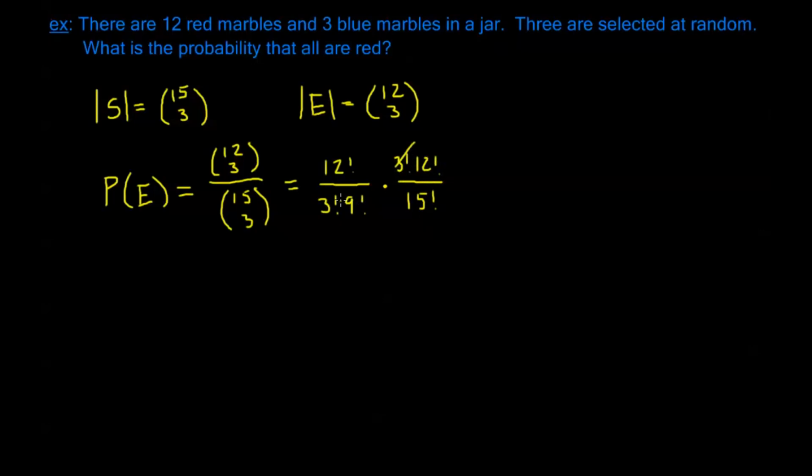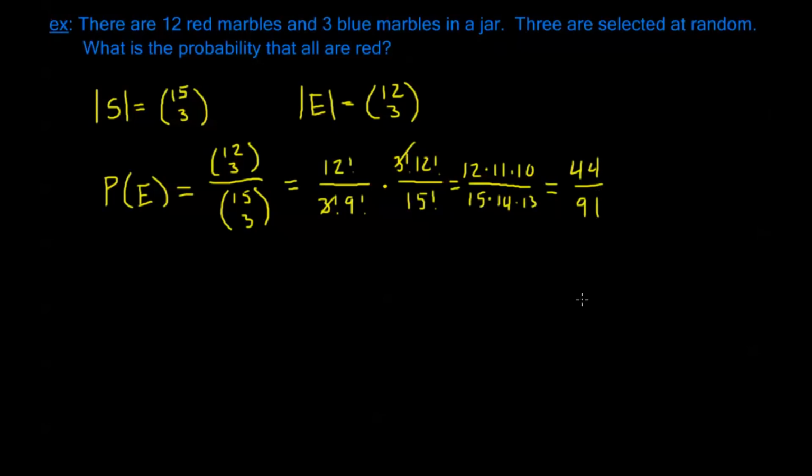Now these 3 factorials will cancel, and this is going to reduce to, on the top, 12 factorial over 9 factorial gives me 12 times 11 times 10. On the bottom, I have 15 factorial on the bottom, 12 factorial on the top. So that's going to reduce to, on the bottom, 15 times 14 times 13. Everything else from the 15 factorial cancels with this 12 factorial. And that's going to simplify down to 44 over 91.